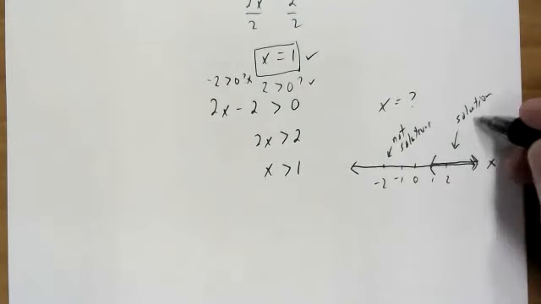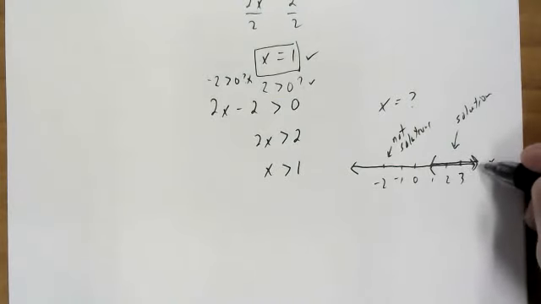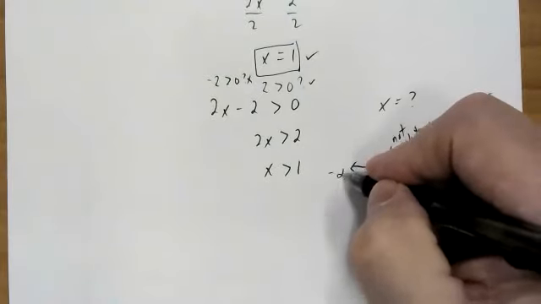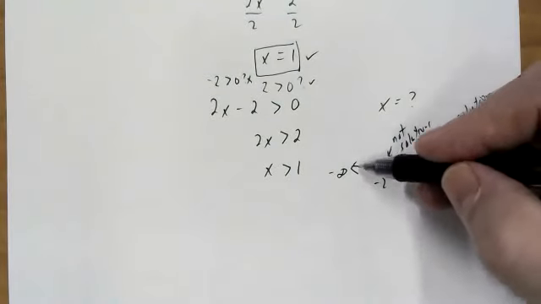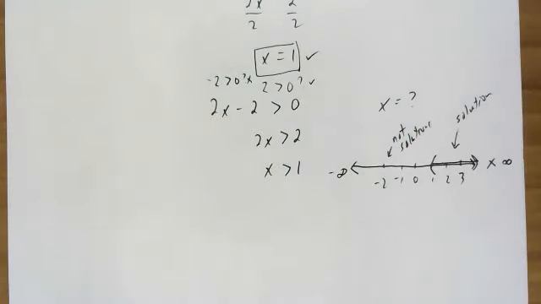Now, what's interesting is eventually we can put numbers here, but you know what x actually finally goes to? If you go way far to the left, we call that going to minus infinity.